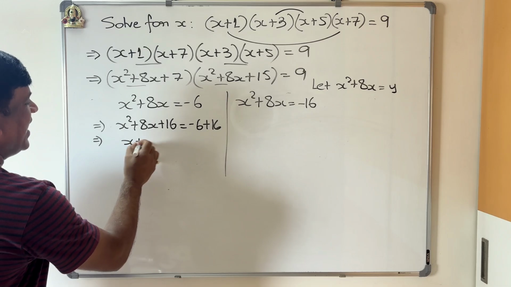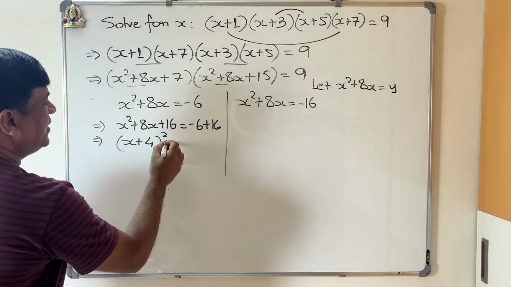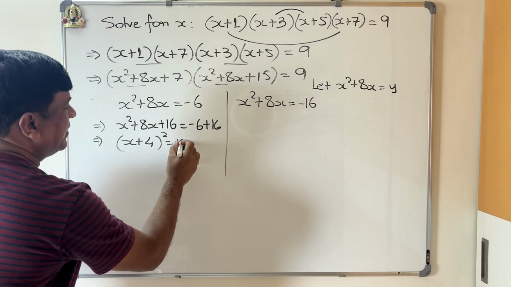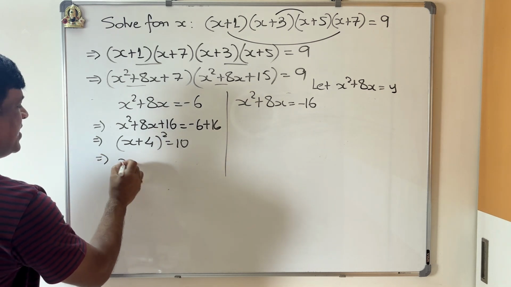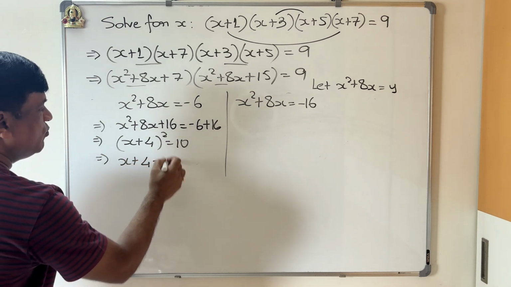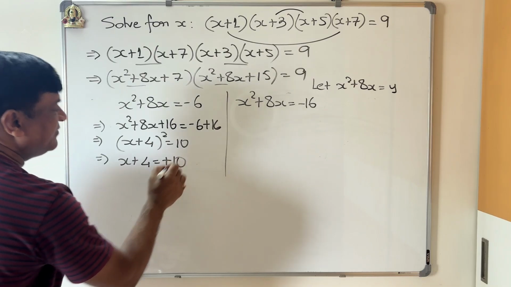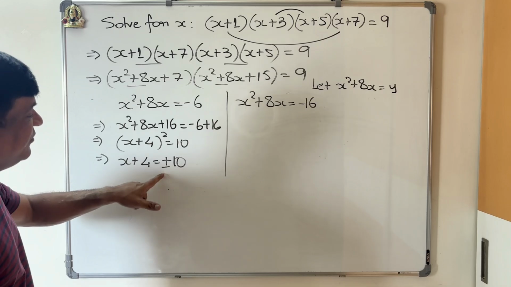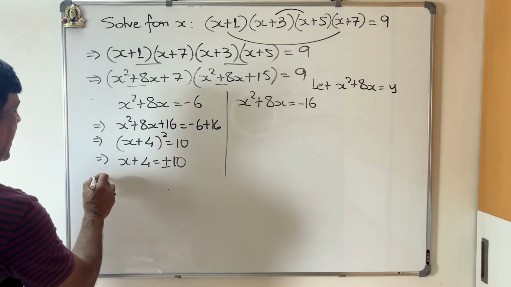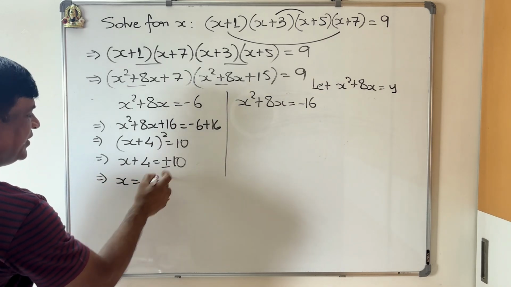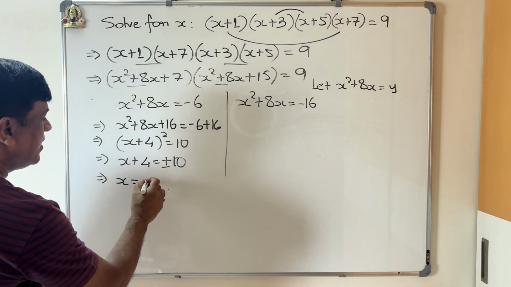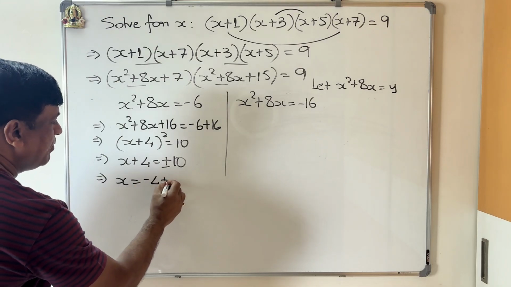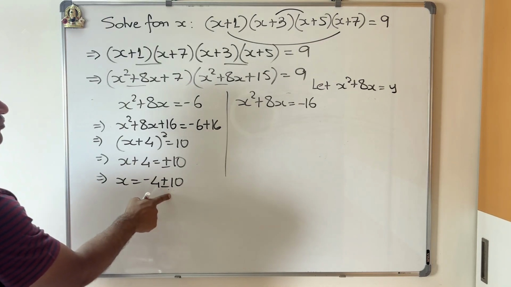So this becomes (x+4) whole square is equal to 10. Therefore, x plus 4 will be equal to plus or minus the square root of 10. Remember, whenever you're taking the square root, you need to take into consideration plus and minus. So x gets two values: minus 4 plus or minus root 10.